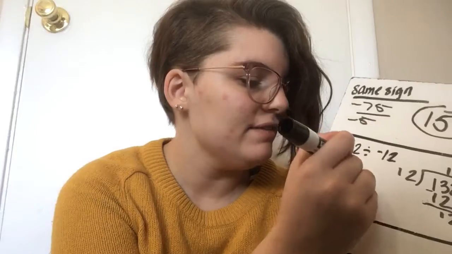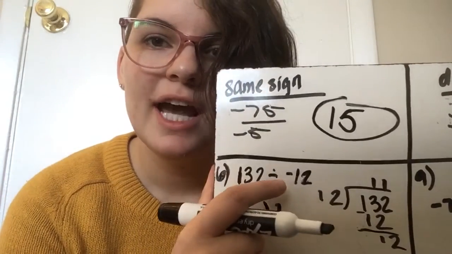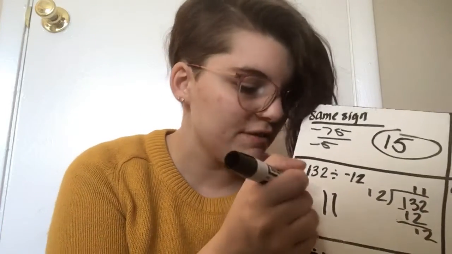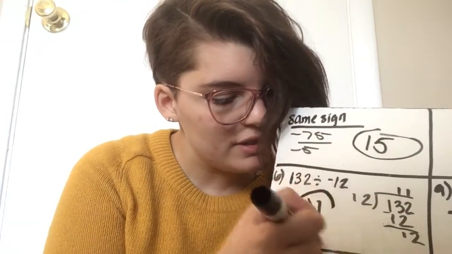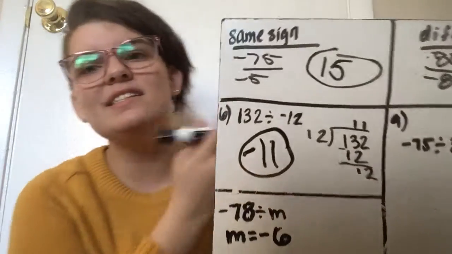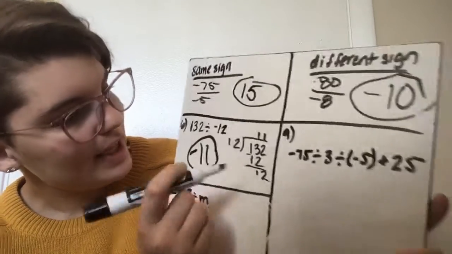So I have 11. Now, 132 is positive, and negative 12 is negative. So you have positive, negative, they're different. That means my answer is going to be negative. Okay? Make sense?